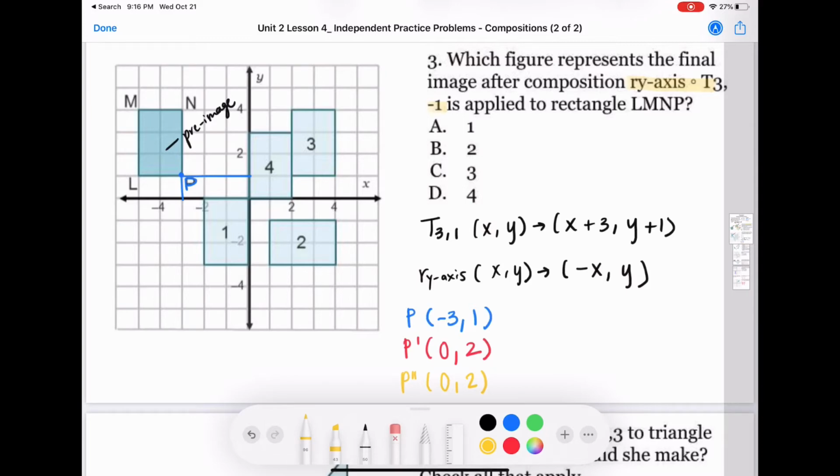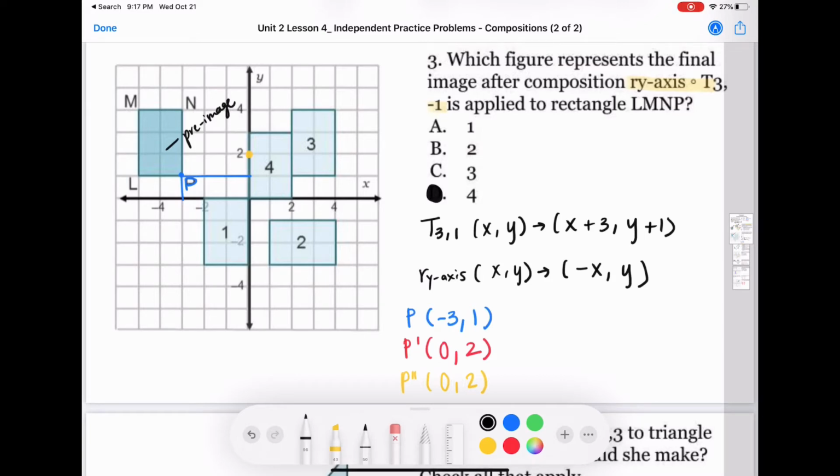So negating a 0 just keeps it 0. And so we are looking for P at 0 and 2. Well, let's locate 0 and 2. And as we can see, only one figure has a specific point at 0 and 2. And that is figure number 4. And so D is our answer choice.